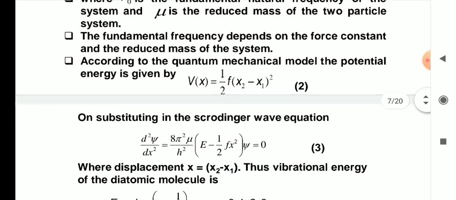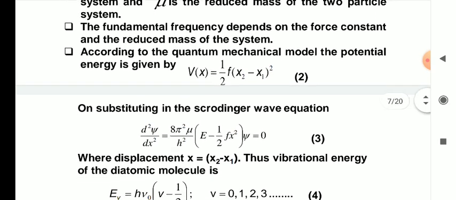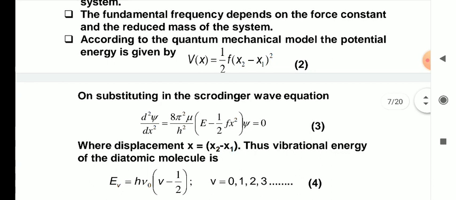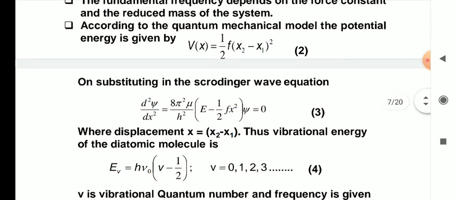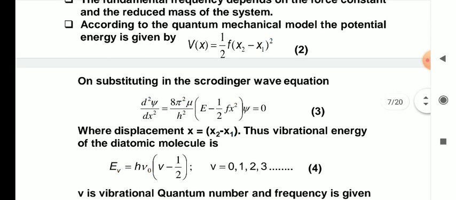According to the quantum mechanical model, the potential energy curve is given by V(x) equal to 1 by 2 F into (x2 minus x1) whole squared. Take that as equation number 2.